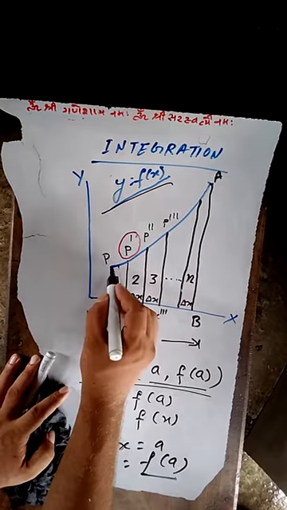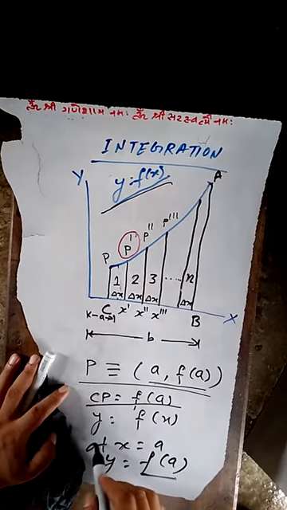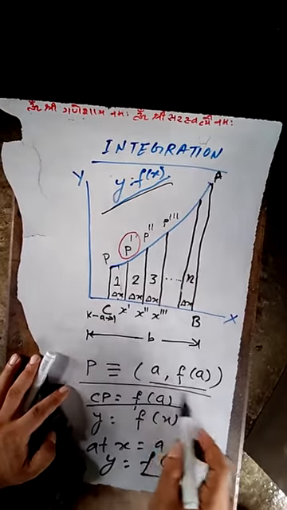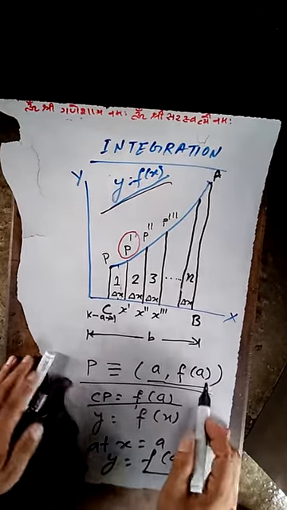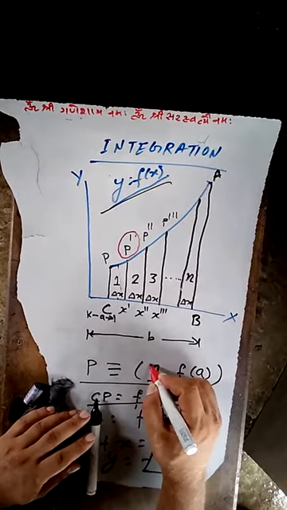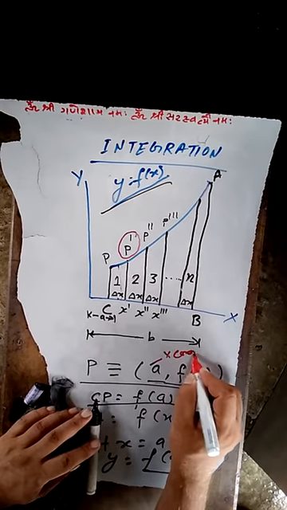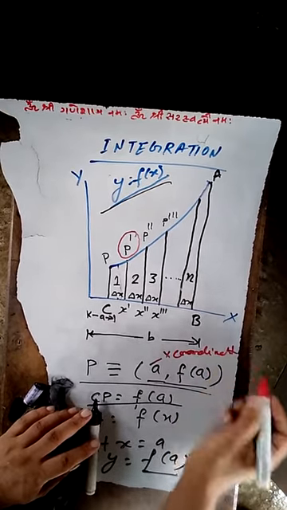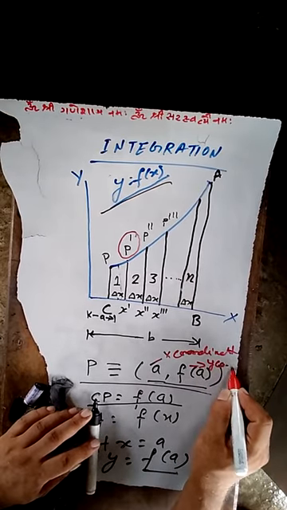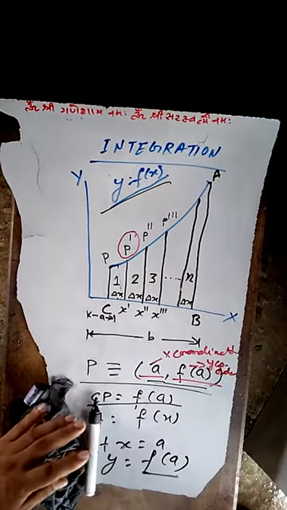That's why the value of cp is fa, and the x coordinate will be a, and fa will be the y coordinate. This is your x coordinate, and fa is your y coordinate.